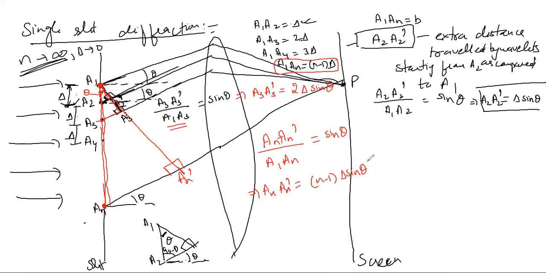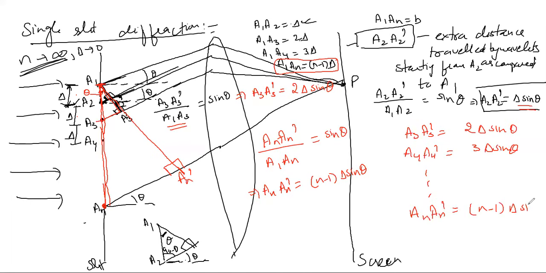So you see a pattern here. यहां से A2 से जो वेवलेट होंगी वो डेल्टा साइन थीटा एक्स्ट्रा ट्रेवल करेंगी। A3 से जो आपकी वेवलेट स्टार्ट होंगी वो आपकी 2 टाइम डेल्टा साइन थीटा एक्स्ट्रा डिस्टेंस ट्रेवल करेंगी। सिमिलरली जो आपकी A4 से होंगी वो फिर आपकी 3 टाइम डेल्टा साइन थीटा एक्स्ट्रा डिस्टेंस ट्रेवल करेंगी एंड सो ऑन। और जो लास्ट वाला पॉइंट से जो वेवलेट स्टार्ट होंगी वो आपकी इतना डिस्टेंस एक्स्ट्रा ट्रेवल करेंगी, राइट? क्योंकि यहां से तो आपने परपेंडिकुलर ड्रॉ कर दिया, इसके बाद में दोनों रे पैरेलल है और दोनों इक्वल डिस्टेंसेस ट्रेवल करेंगी.